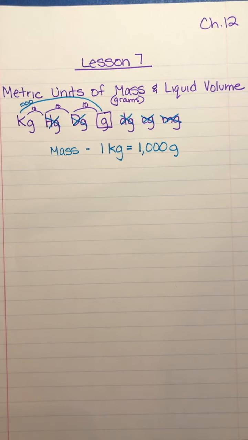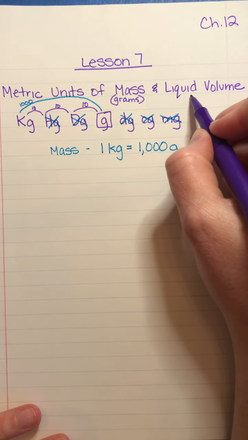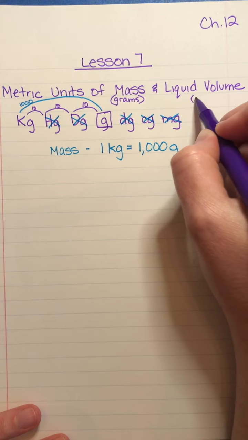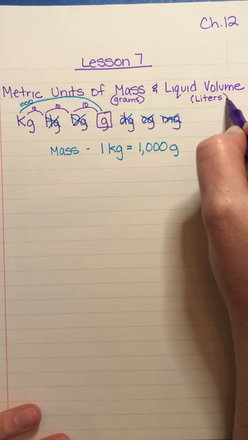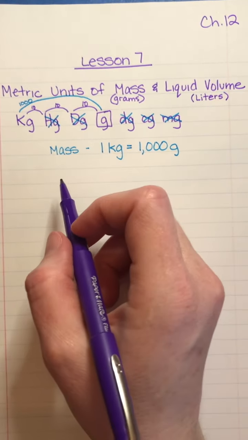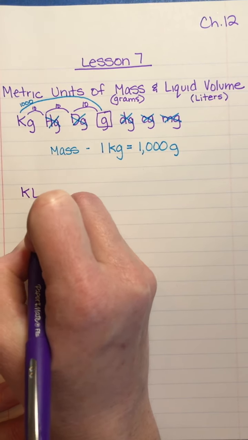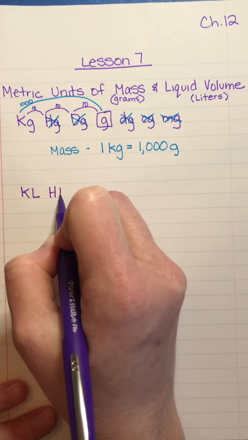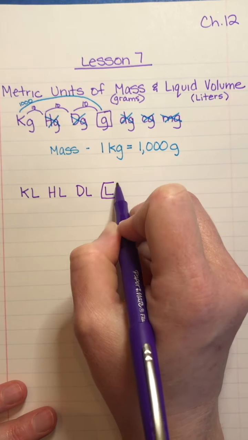Now I will switch gears and show you what you need to know for liquid volume. For liquid volume, the unit that we use would be liters, and we do it with a capital L. I'll show you why in a second. Again, if I map this out, we've got kiloliters, hectoliters, decaliters, and then liter, which is our base unit.